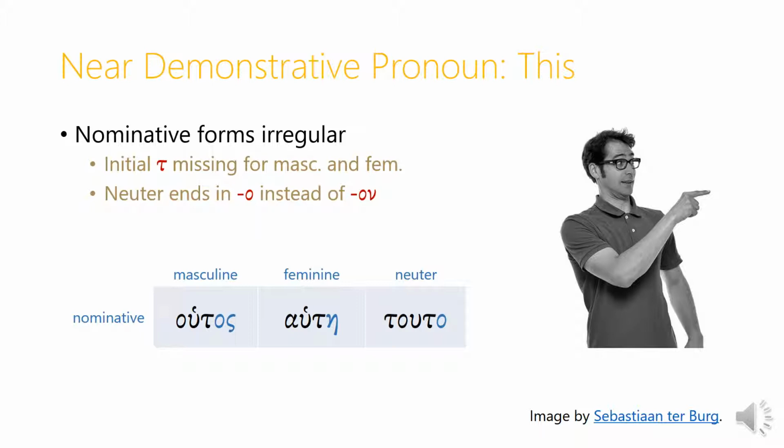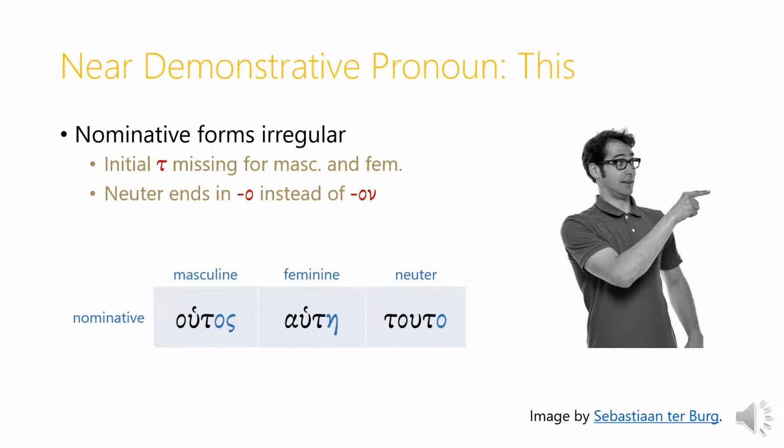Well, you'll notice that I said the stem of the near demonstrative pronoun is tout or taut, but the masculine form in the nominative is houtos, and in the feminine is haute. The neuter has the proper stem, touto, but the masculine and feminine have dropped the initial tau, and instead of that initial tau, we have a rough breathing mark. Why?